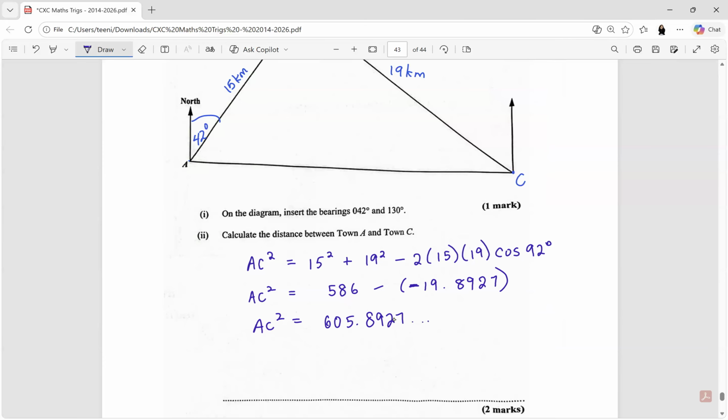And if AC squared is equal to that, then AC will be the square root of 605.8927. So I'm just going to press square root on my calculator. I got 24.6 km.